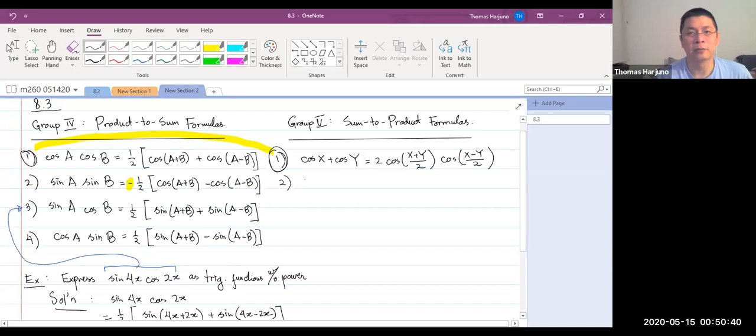The second, cosine x minus cosine y will be -2, and make sure that you see that negative, of sine half of the sum times sine half of the difference.